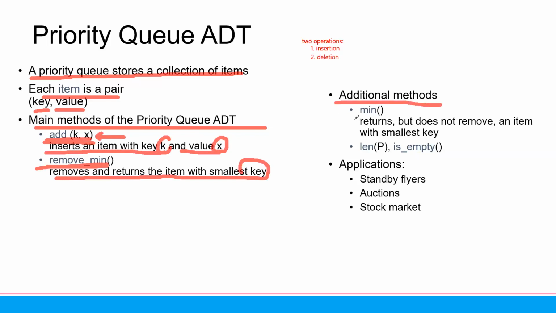For example, I want to know what is the minimum. So it just returns the minimum value, but it will not remove it. So I can know what is the item with the smallest key. And if I want to know what is the length, so how many items in the priority queue. And I want to check whether the priority queue is empty or not.